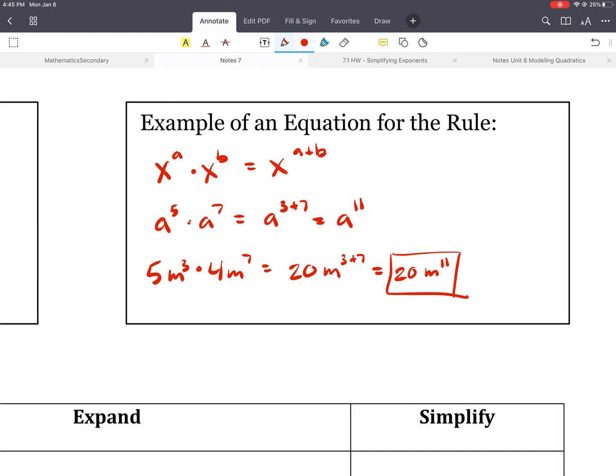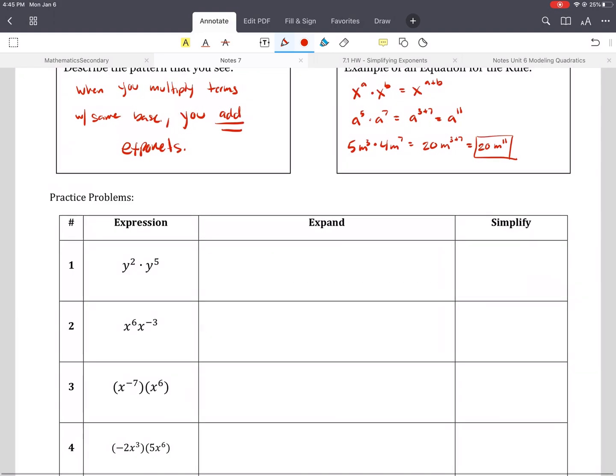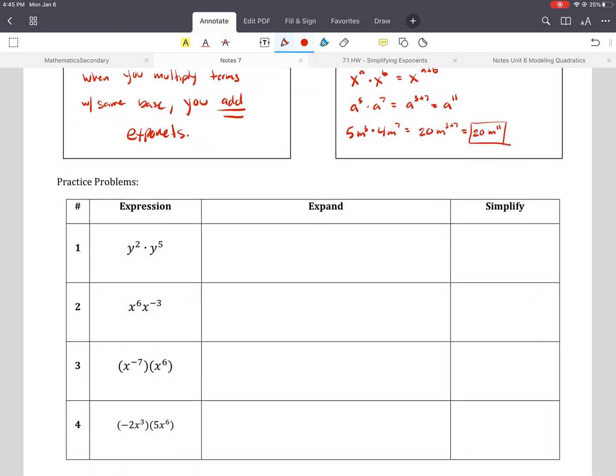All right, so hopefully that makes sense. So again, if they have the same base and they're being multiplied to each other, you add their exponents. Okay? So let's just do some other examples. All right, y squared times y to the 5th.